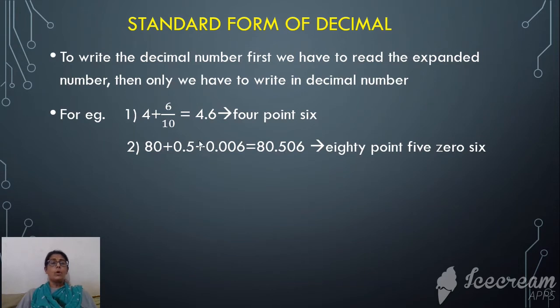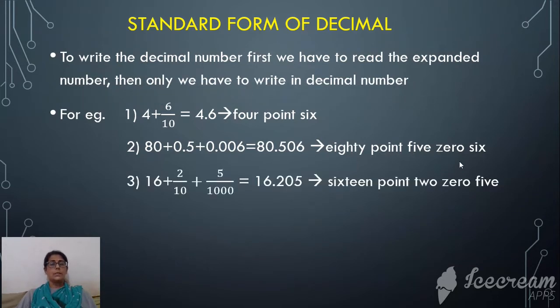Then we don't have any hundredths place here, so we place a 0 here. And here after the decimal 3 digits are there, so this we place in the thousandths place. Right? So what is our number? 80.506. Understand? Okay, now I will explain one more example to make you clear.